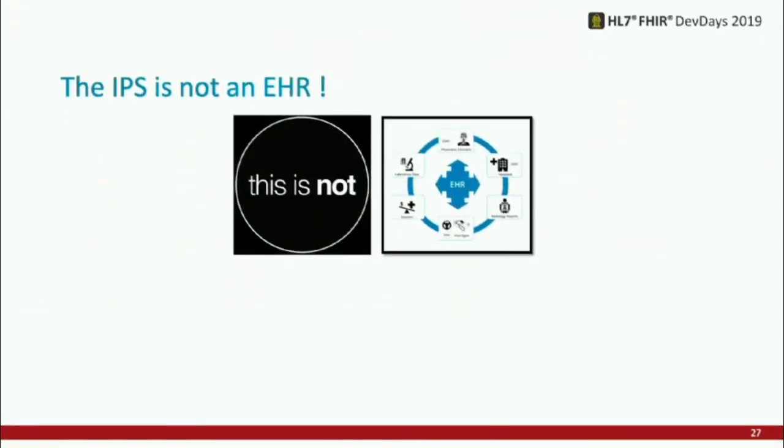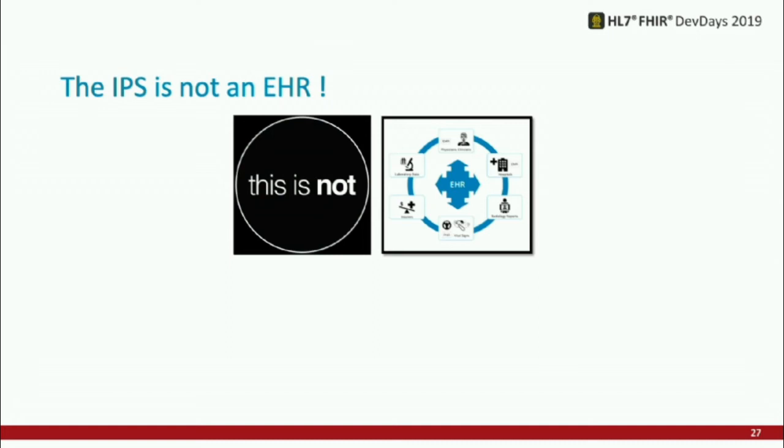All right, but again, coming back, I already said this, but the IPS, the International Patient Summary, is not an EHR. It's not going to be a longitudinal record of everybody's data from birth to death, or from entry to a health system to exit of the health system, and everything in between. It again has to be summarized, and as Bryn was asking, how do you know what's relevant?